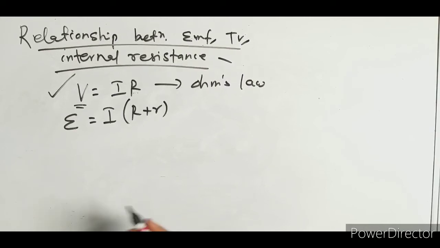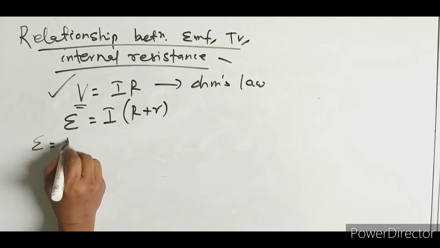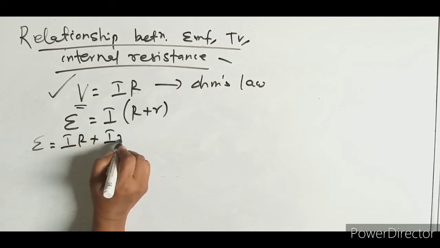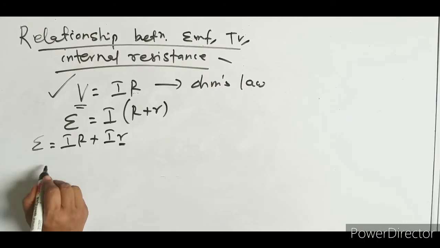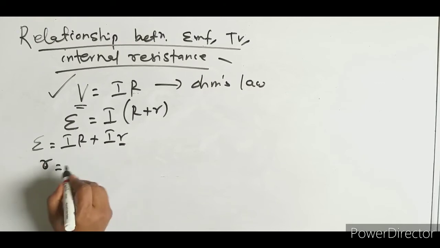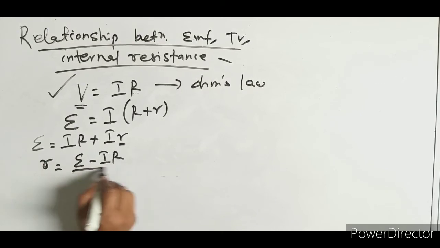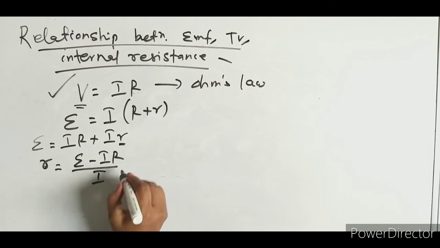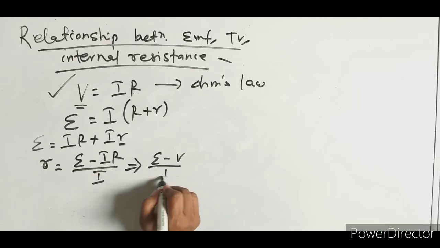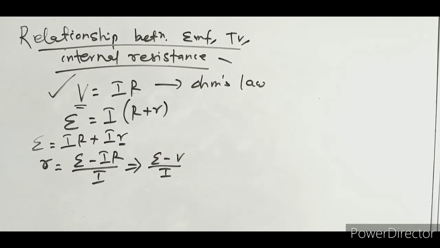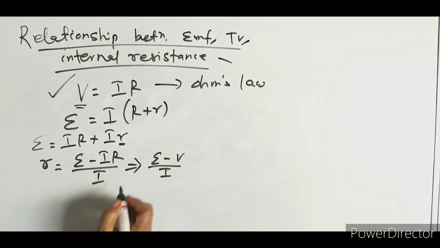All these things can be done. So here let me expand. E equal to IR plus I small r. If I want the value of small r, so here E minus IR by I. So what can it be represented as? E minus V by I. Whichever value is given, accordingly it can be taken. Clear? Otherwise, what else can be done from here?